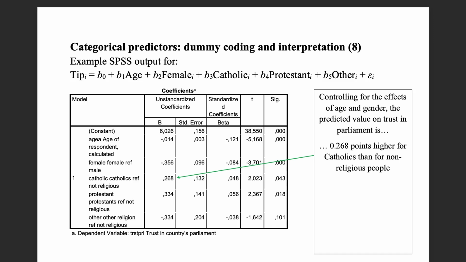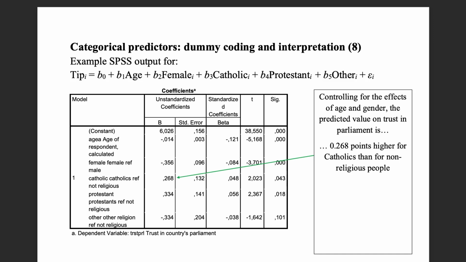So now this regression coefficient of 0.268 tells us by how much the intercept of the regression equation is shifted upwards for the Catholic people. So how much higher the predicted value is for Catholic people than for the non-religious people, because that's the category that we chose as the reference category. So we always have to interpret these effects as relative to the reference category that we picked.